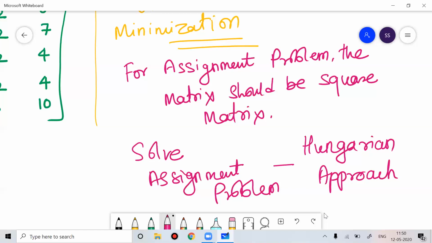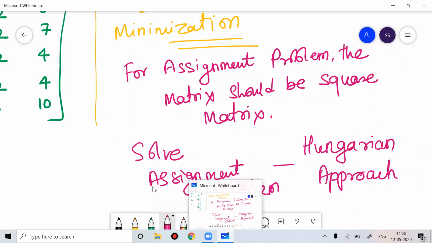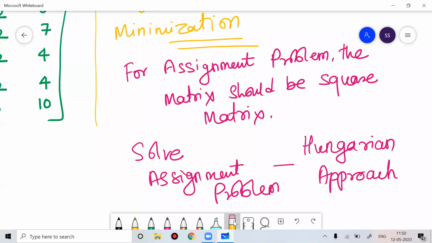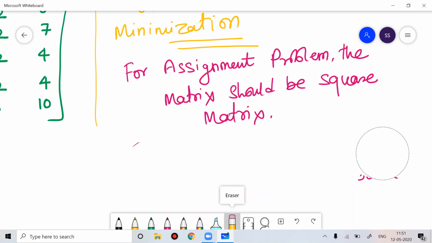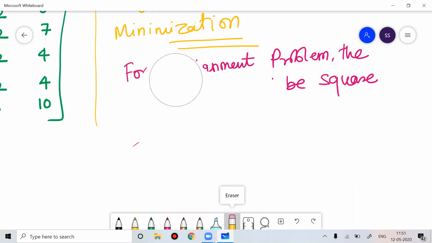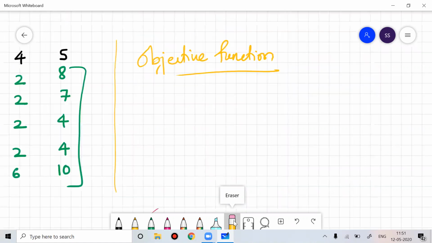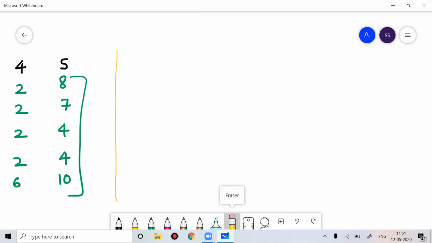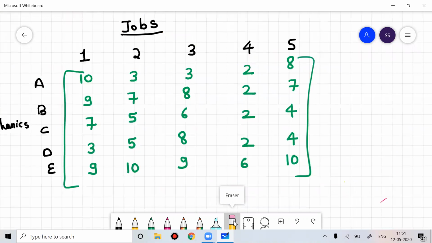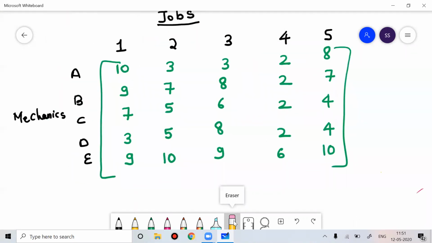It's very simple. What is this Hungarian approach all about? You have to figure out a method in such a way that you assign one job to one person, and you assign in such a way that the total cost is minimized.